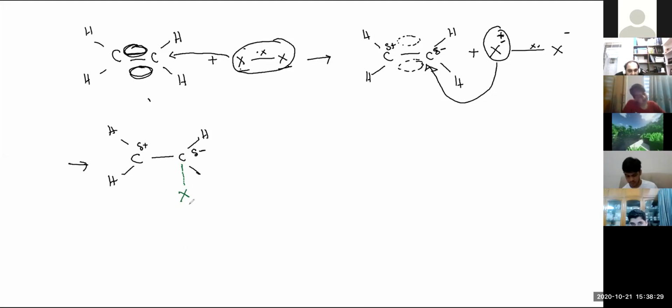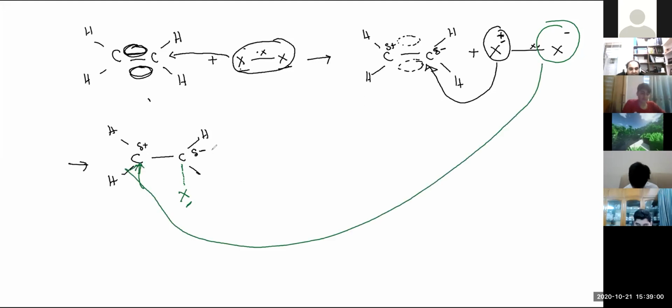This is an electrophile. Okay? And what is left? Nucleophile. Nucleophile. So where will the nucleophile come and attack? The delta positive carbon comes and attacks here.